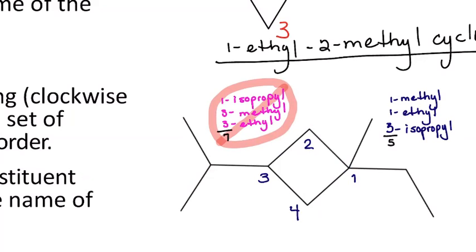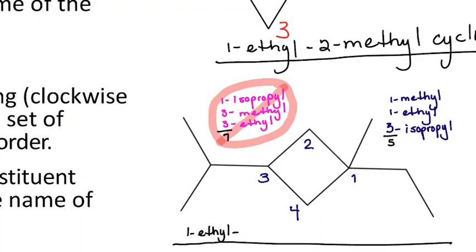And then we're going to write our substituents in alphabetical order. So who comes first? Methyl, ethyl, or isopropyl? Great, ethyl. So I say 1 ethyl.